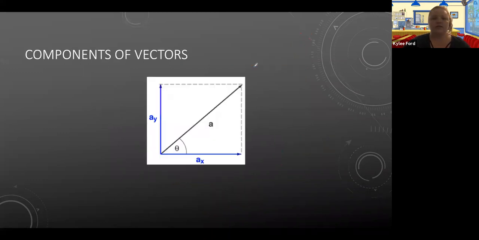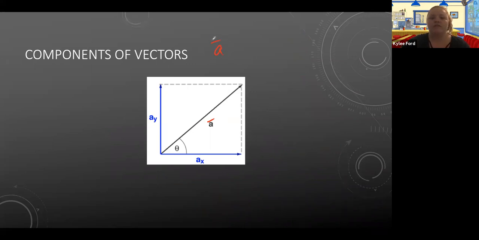All right. So real quick, I want to talk about components of a vector. We have a vector A in said direction, with a magnitude of A as well. When I say magnitude, again, I just mean the length.